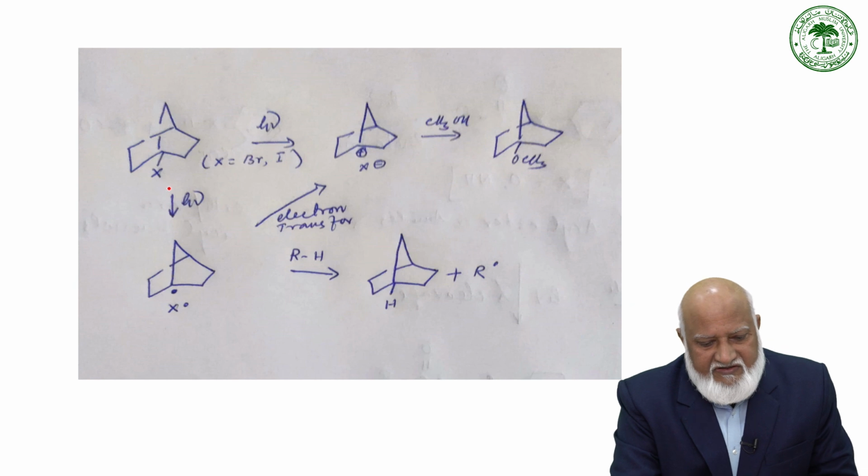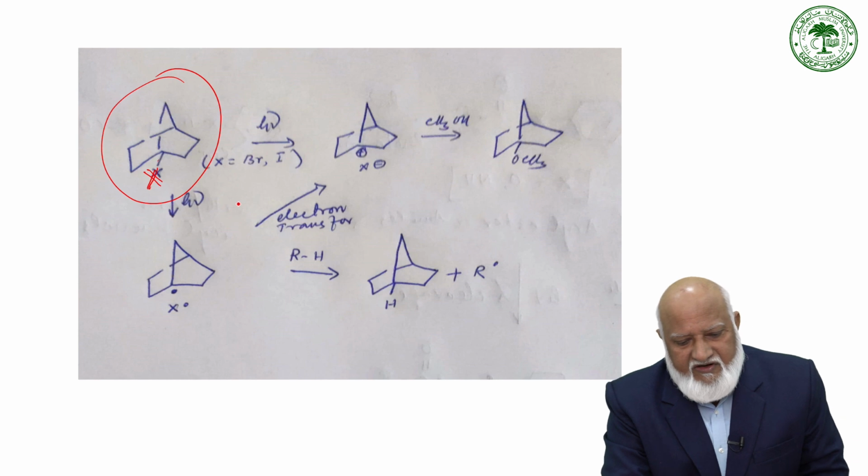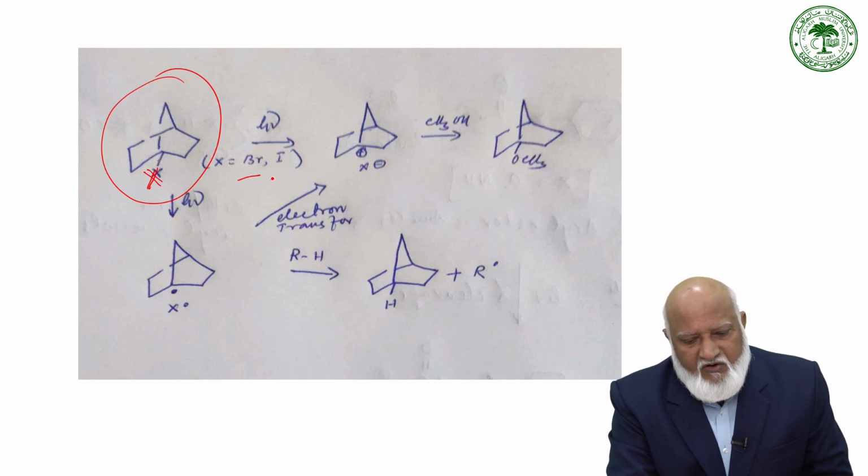Here this is a bicyclic ring system. There is the presence of a halogen, where X could be bromide or iodide.